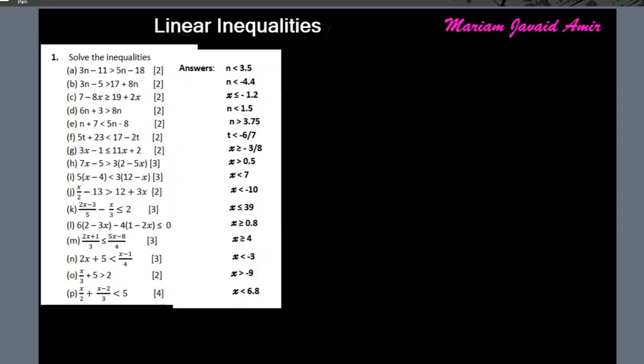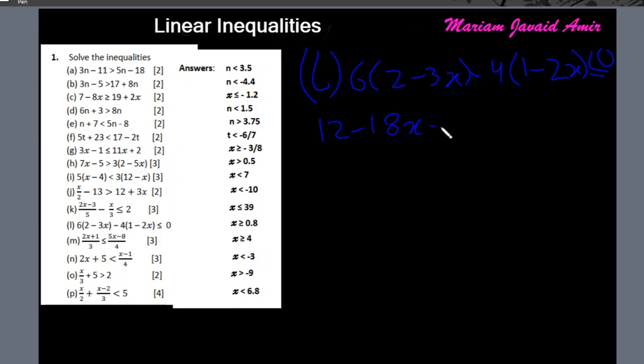Part L, which is 6 times (2 minus 3x) minus 4 times (1 minus 2x) less than or equal to 0. Opening up the brackets, we get 12 minus 18x minus 4 plus 8x less than or equal to 0.